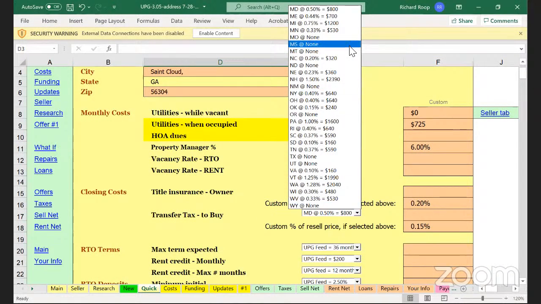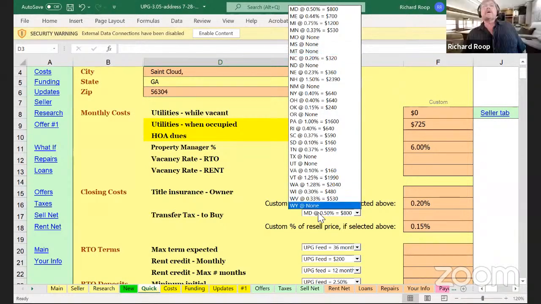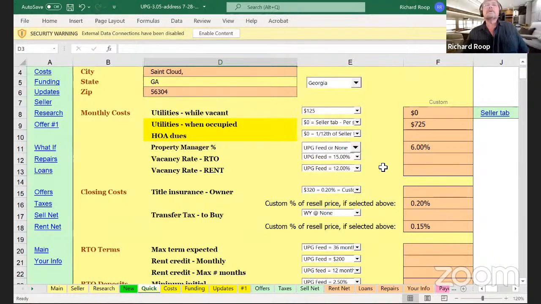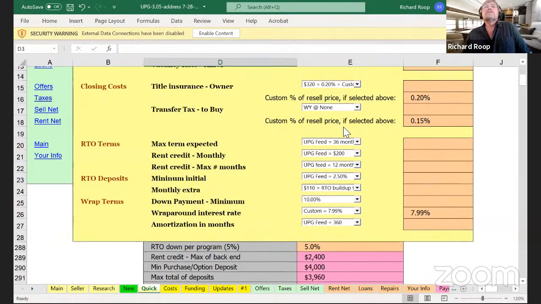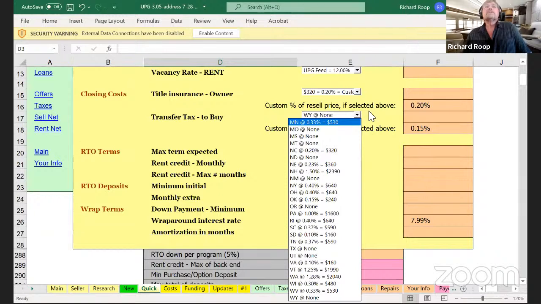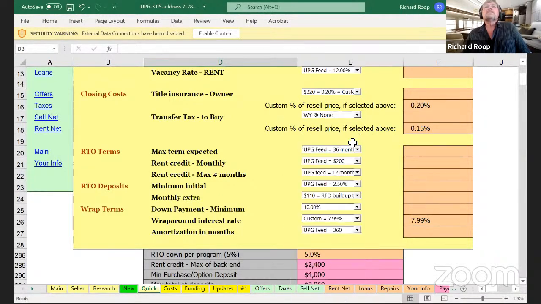Gosh, I should know that. I don't really remember, I have it on a HUD that's not with me. All right, I'm going to put none. I don't know why that's not scrolling for me. I have a whole list there. This might be a broken UPG. We'll see.